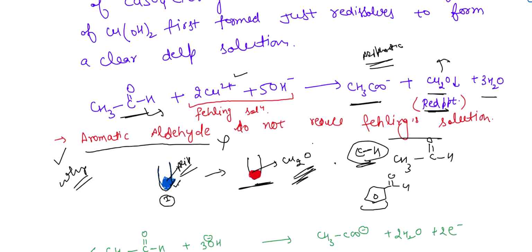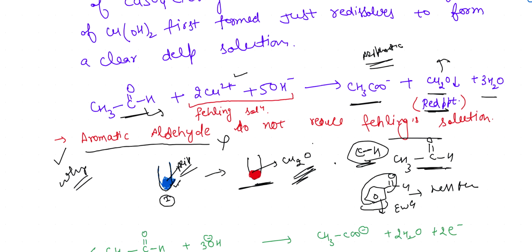So due to this, it will pull the electrons from this carbonyl group. It makes it less reactive as compared to saturated aldehyde due to the electron withdrawing effect of the phenyl group.